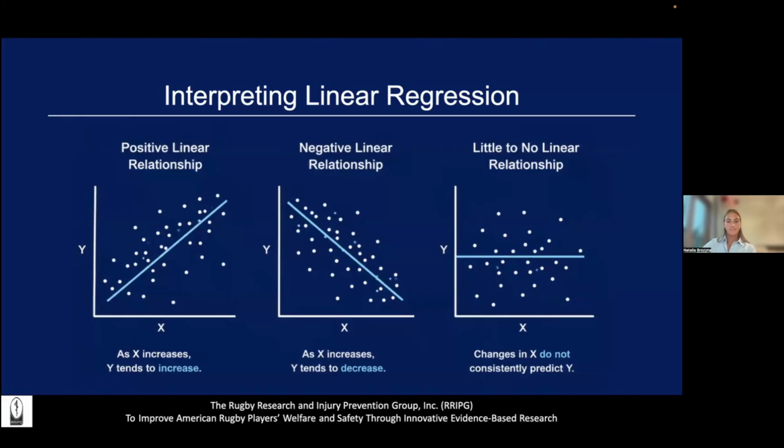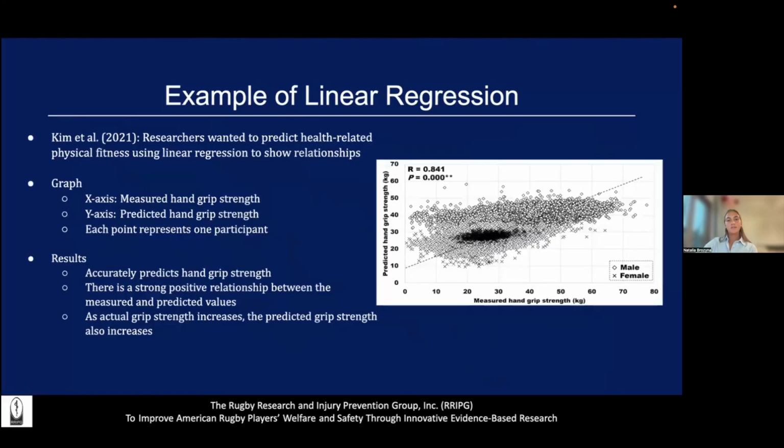So this is an example done by Kim and his colleagues in 2021. In this case, researchers used multiple linear regressions to predict health-related physical fitness. To make these predictions, they use factors such as age, sex, height, weight, and other factors like body mass index.